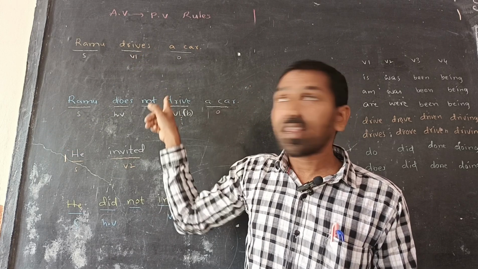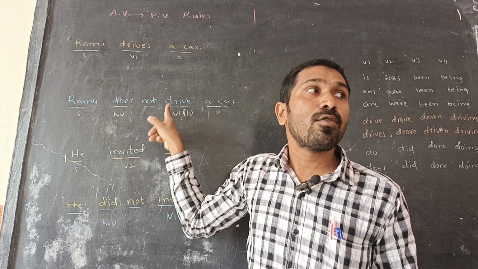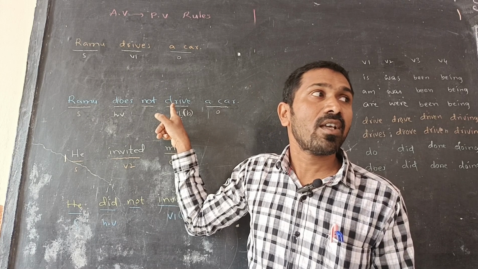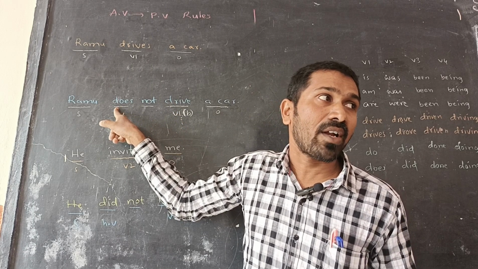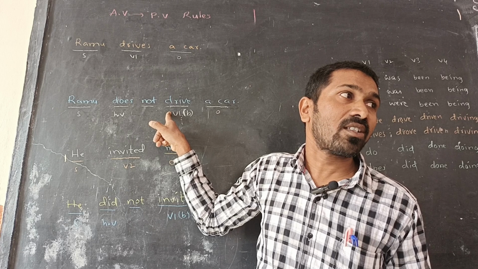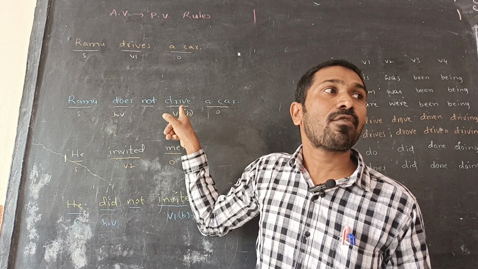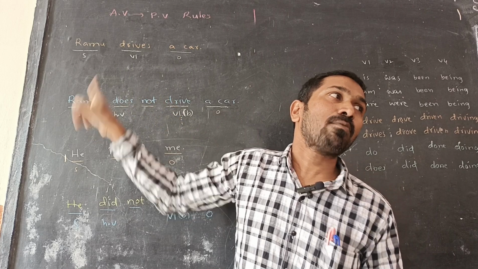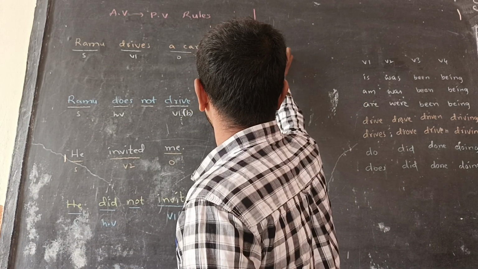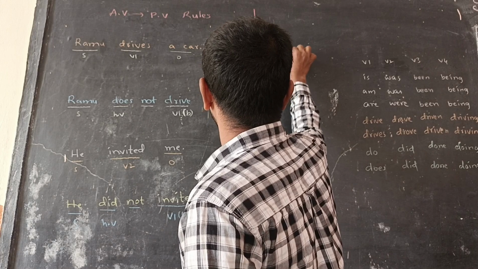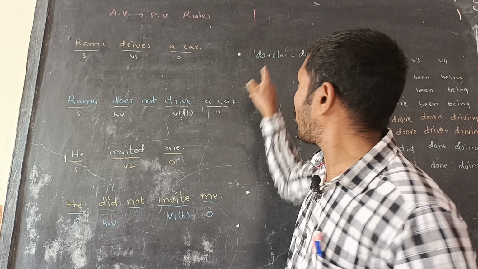Okay, now for drives, what do we have to do? We have to use do forms, because drives is V1, and here we have to write do, and drives has an additional s or es. In that case, we have to shift that s or es to the do form only. That means do plus s or es is equal to does.